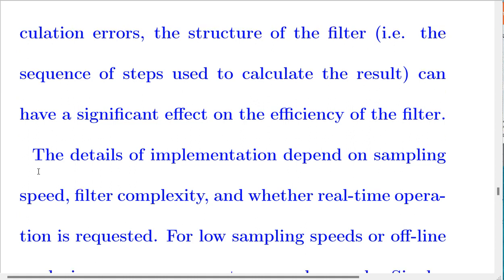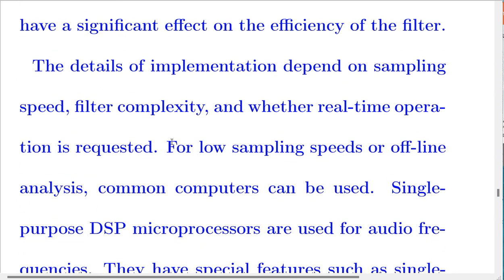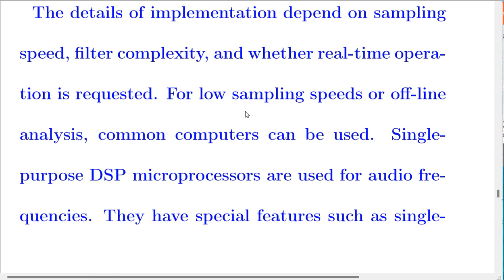The details of implementation depend on sampling speed, filter complexity, and whether real-time operation is requested. Okay? For low sampling speeds or offline analysis, common computers can be used. Laptop, desktop. Single-purpose DSP microprocessors are used for audio frequencies.